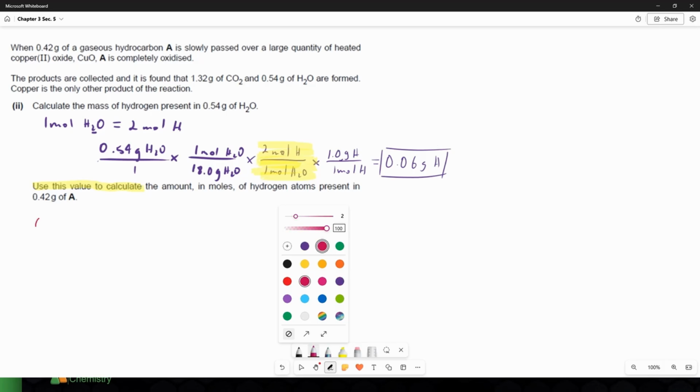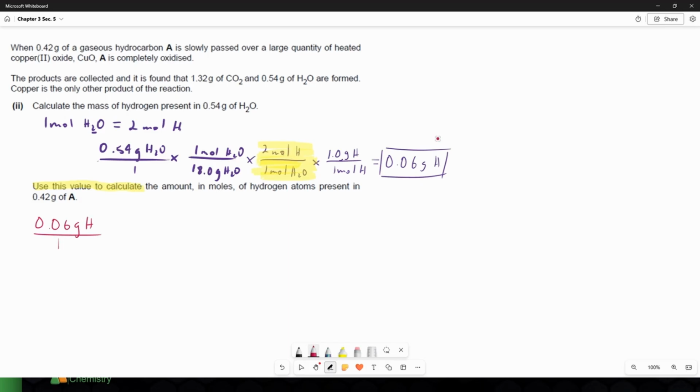So we're going to start from 0.06 grams of H as our initial point. And we're going to calculate the amounts of moles of hydrogen atoms. We need to convert this from grams to moles of H. So in order to do that, we need to again divide by 1.0 grams of H is 1 mole of H. So 0.06 moles of H, thanks to the molar mass of hydrogen being 1.